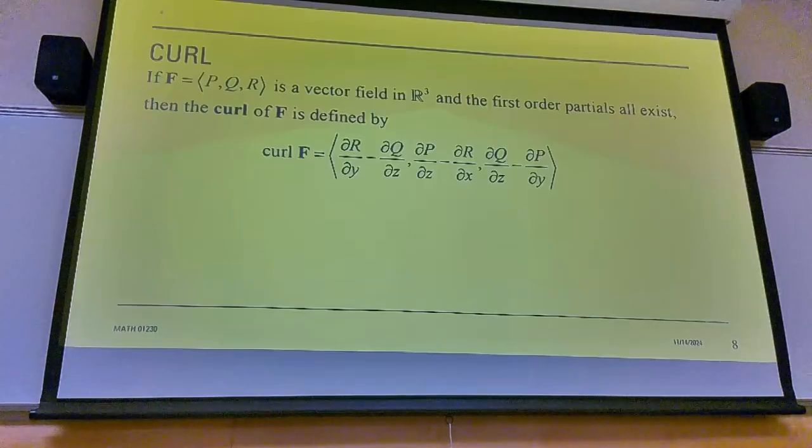Then the curl is defined as the vector whose first component is partial R partial y minus partial Q partial z. Second component is partial P partial z minus partial R partial x. Third component, partial Q partial z minus partial P partial y. That's not right. That's supposed to be partial Q partial x.